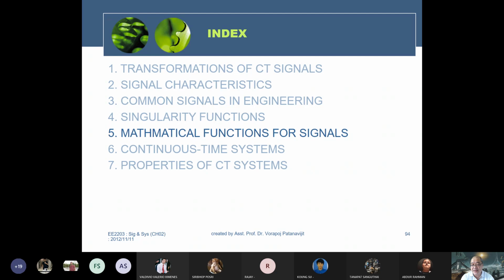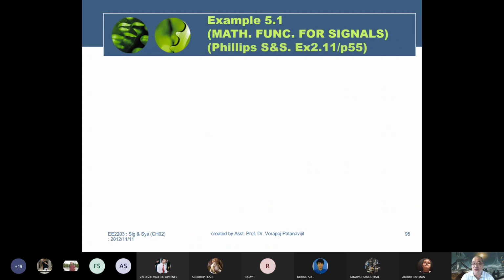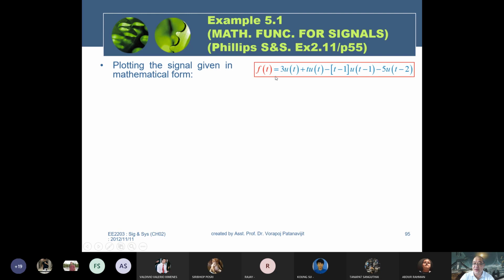Next, we concentrate on the mathematical function for the signal. For the mathematical function for the signal, we have two steps. The first one, you can plot the graph from the math equation, or you can extract the equation from the graph. It has two processes.